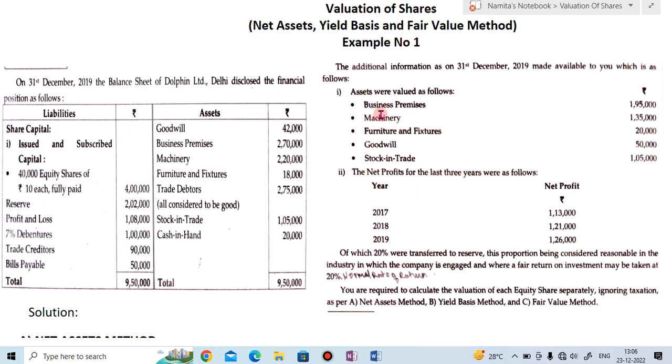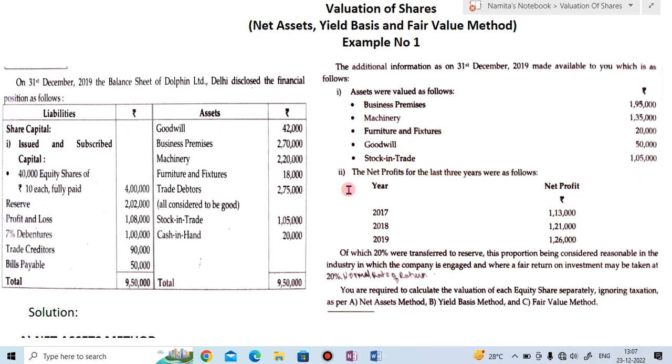The business premises in the balance sheet is 2,70,000, but it is valued again at 1,95,000. Then machinery 1,35,000, furniture and fixtures 20,000, goodwill 50,000, stock in trade 1,05,000. These were the assets revalued.